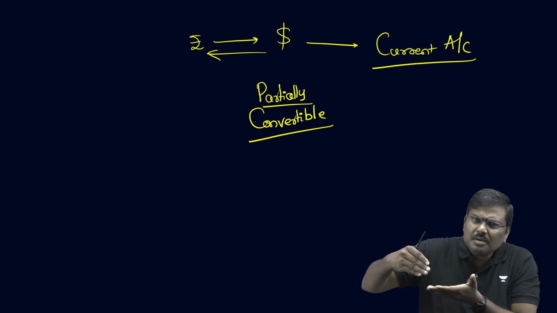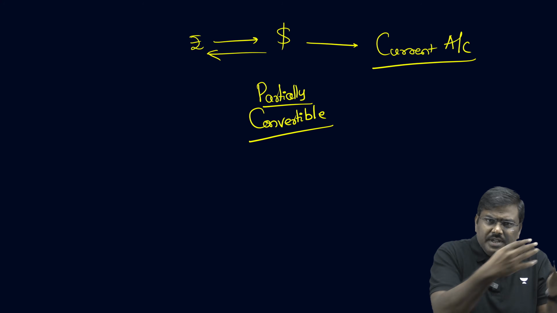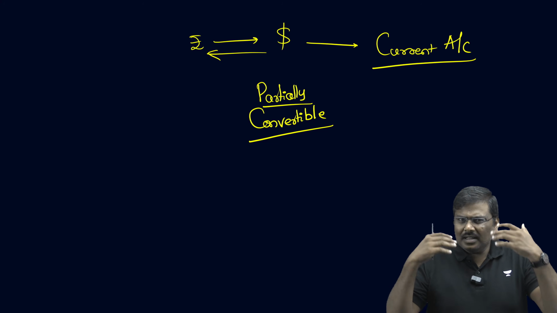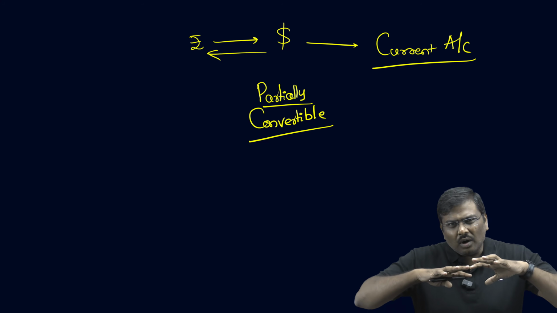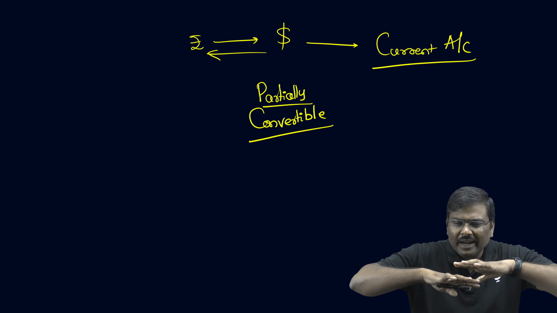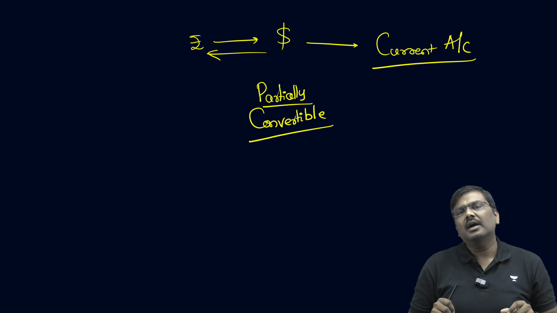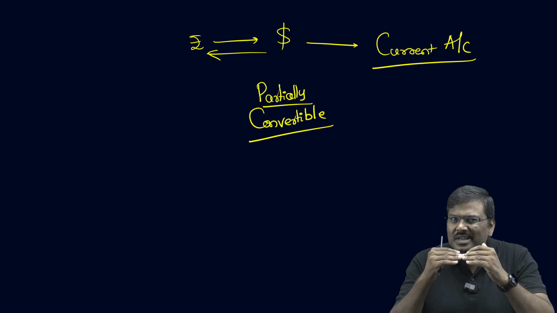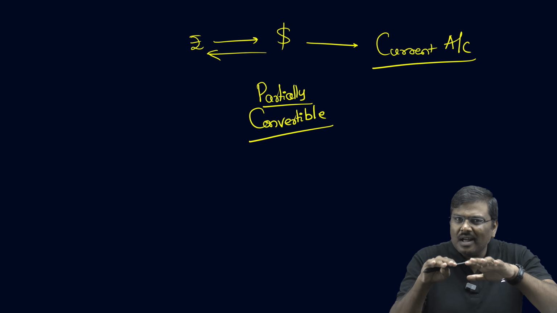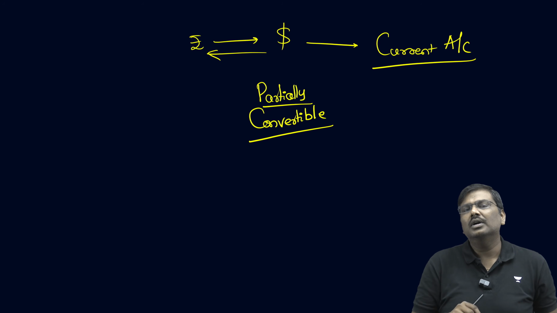The dollars will start flowing outside India. Higher the volatility, higher will be the outflow, and that will create a lot of destabilization and volatility in the domestic market. To control that, we have imposed restrictions over the transactions under the capital account.